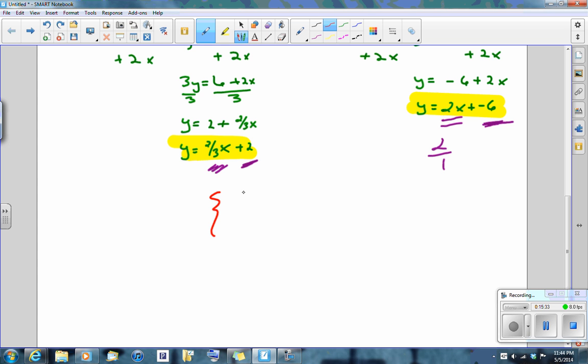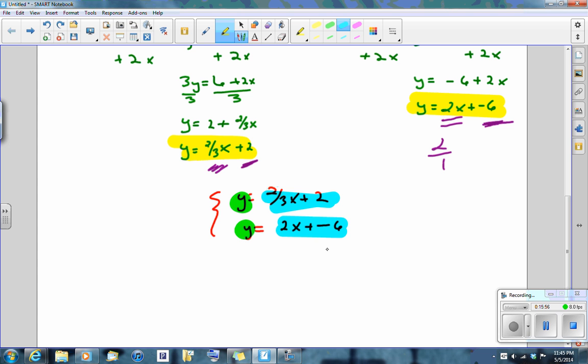So here we go. We've got our system. It's been rewritten in slope-intercept form. And we need to think about this in terms of, well, if y equals this equation, 2/3 x plus 2, and it also equals this equation, 2x plus negative 6, well, then we can set them equal to each other.